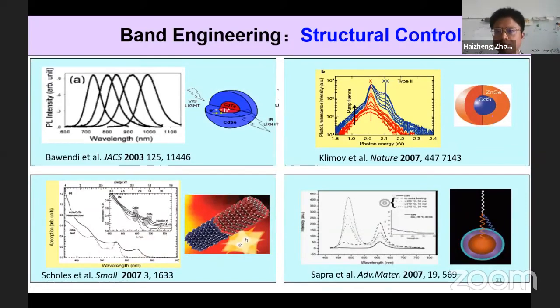So except for size, composition, and doping, the fabrication of quantum dots also enables structure control. This is quite different from conventional semiconductors. For conventional semiconductors, the only success is to fabricate multi-layer superlattice structures, but it's quite challenging because of the strain effects induced by lattice mismatch.